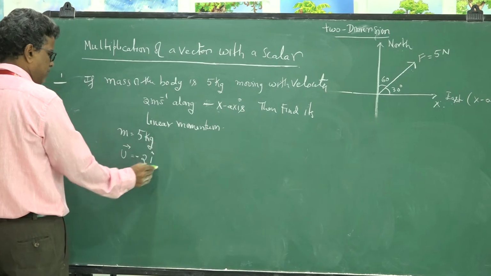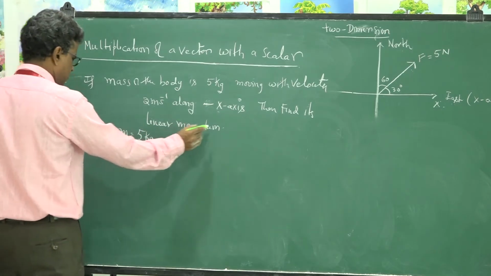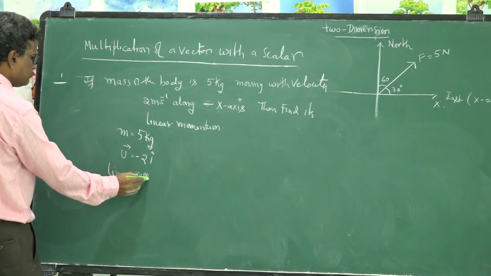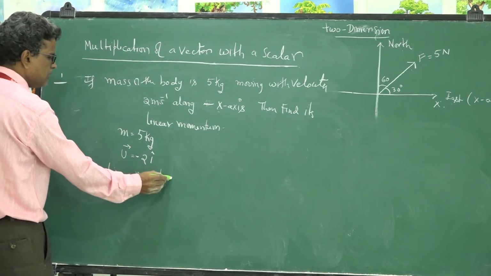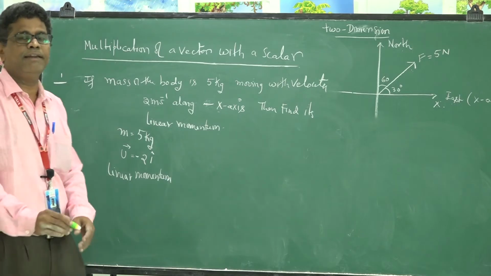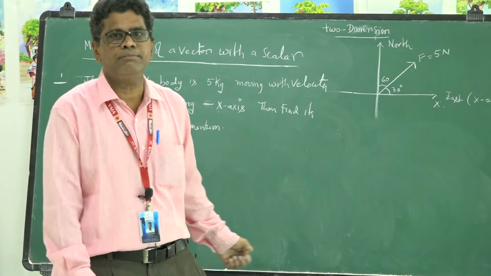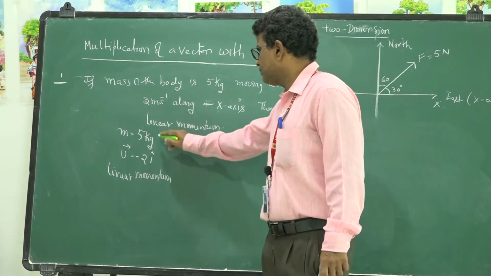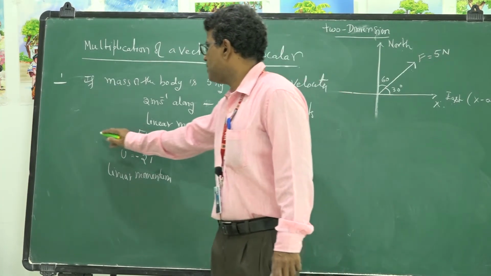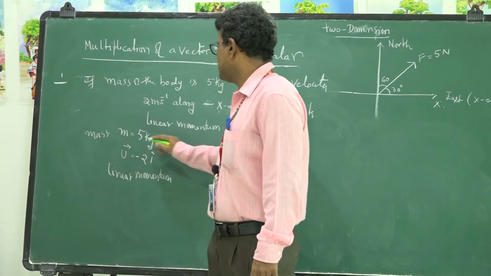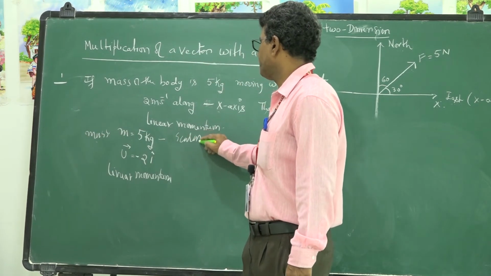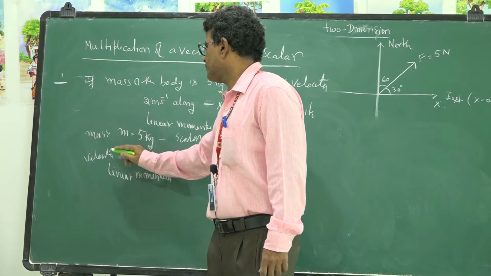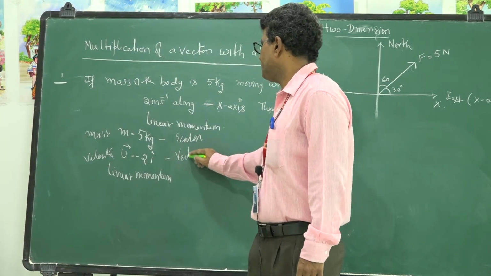Find its linear momentum. What is linear momentum? It is the product of mass into velocity. Mass is a scalar quantity, and velocity is a vector quantity.